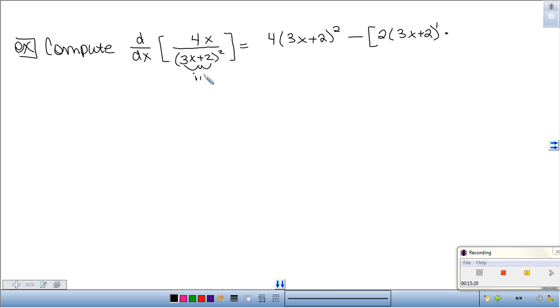This is the inside. Derivative of 3x plus 2 is just 3. This whole thing is the derivative of the bottom times the top. Now that was inside the quotient rule. Remember, I'm working in the quotient rule, so don't forget it's all over the bottom squared. So 3x plus 2 squared, squared.